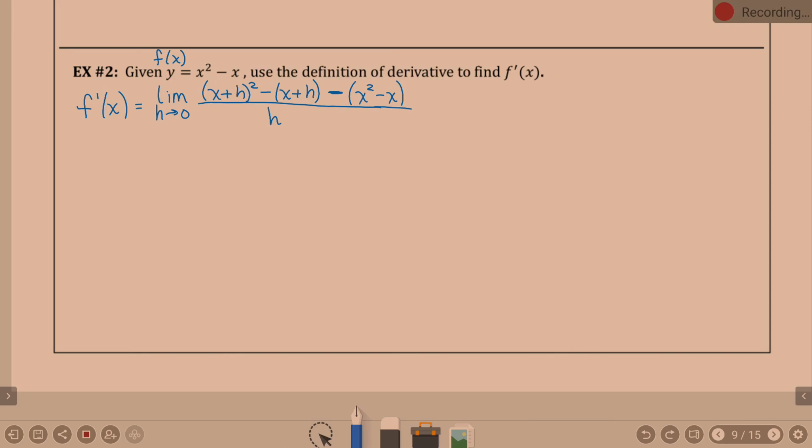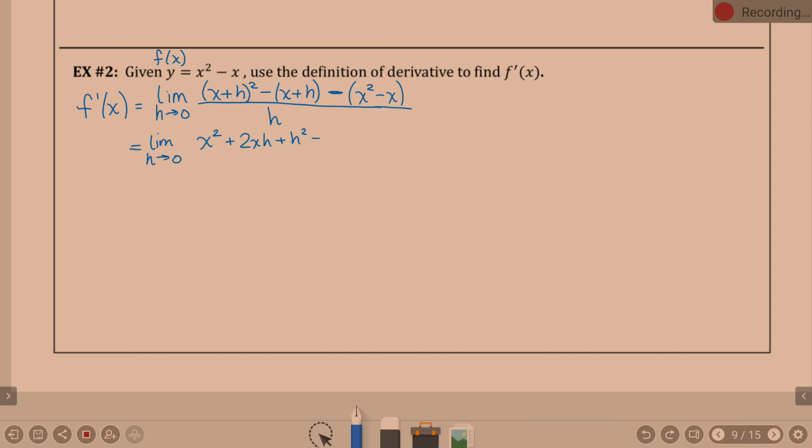You good? I know you guys are kind of working on your own, which is good. Keep checking with me though. Make sure you don't go astray. Limit as h approaches 0. We're ready to multiply out. Are you getting quicker at this? x squared plus xh and xh, so 2xh, plus h squared.